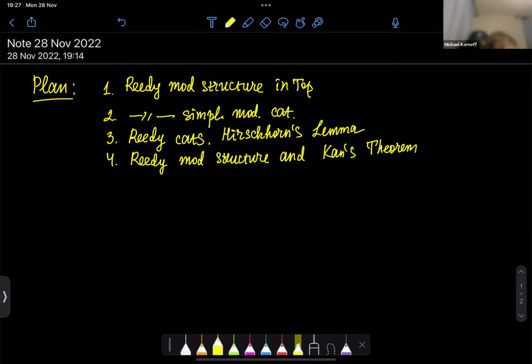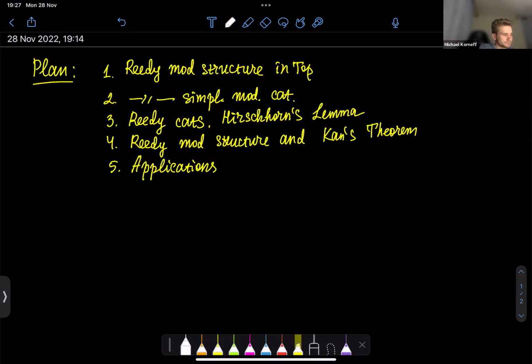And the last point is about applications. Okay, now we start with the Reedy model structure in Top.